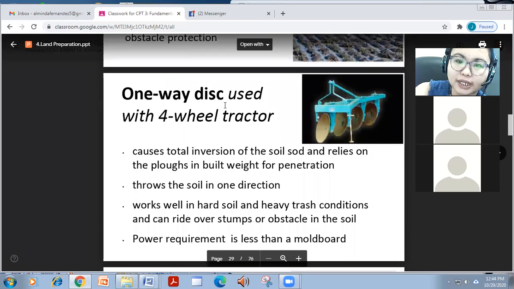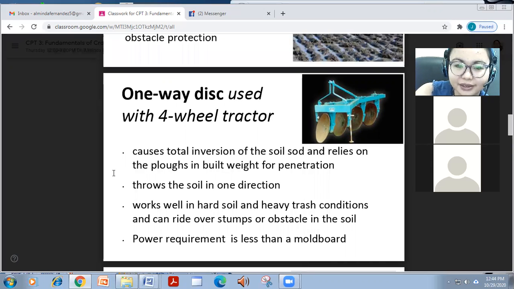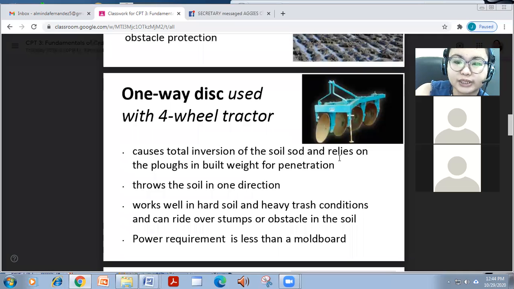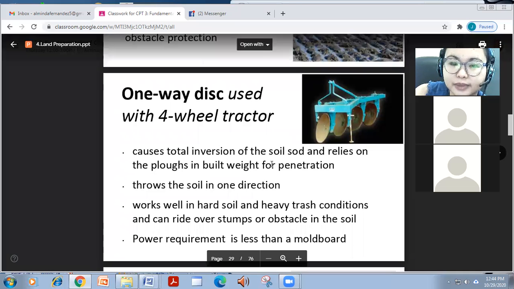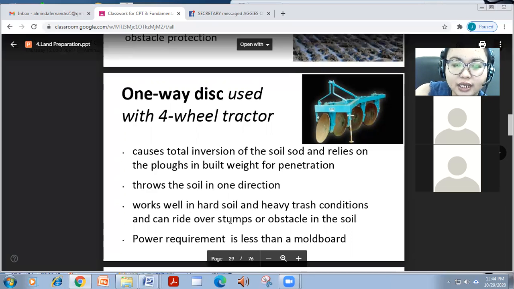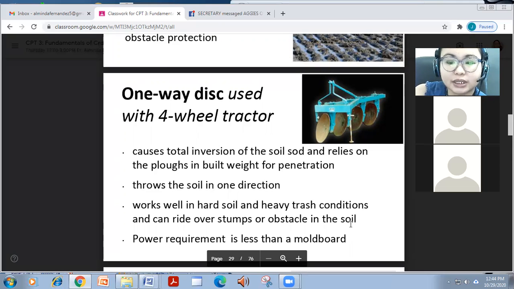The one-way disc is used with a four-wheel tractor, and causes total inversion of the soil sod and relies on the plow's built-in weight for penetration. It also throws the soil in one direction, works well in hard soil and heavy trash conditions, and can ride over stumps or obstacles in the soil.